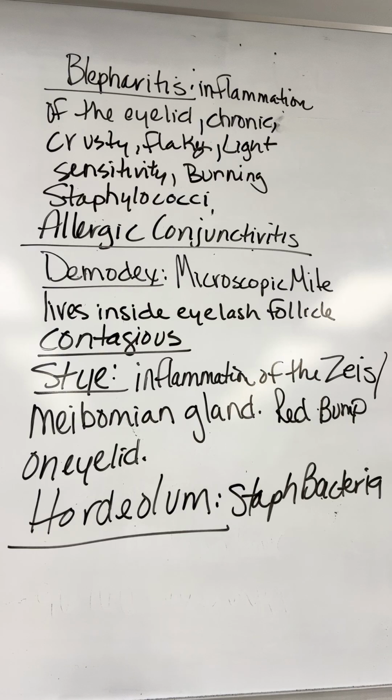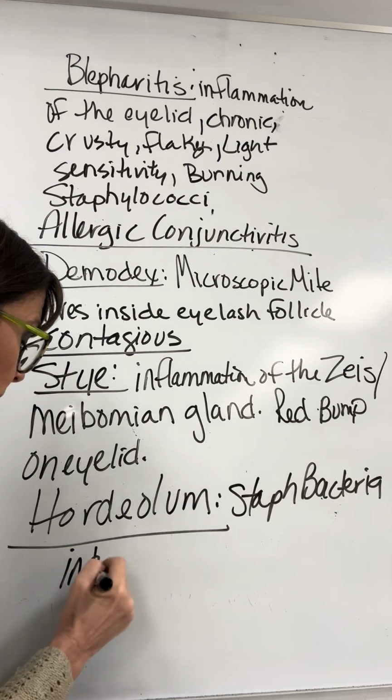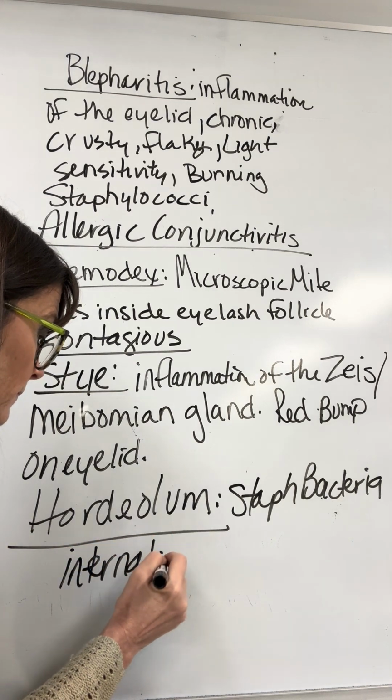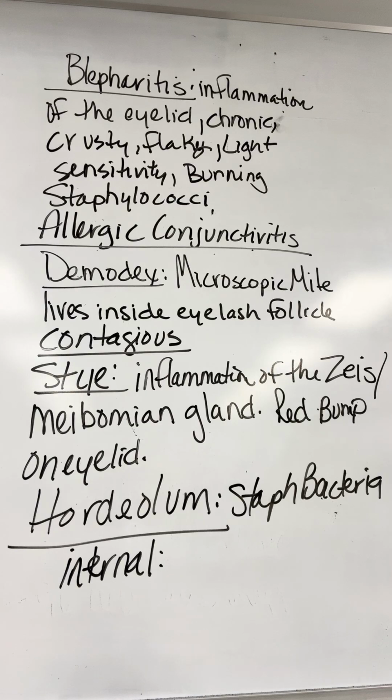So internal hordeolum occurs when the infection is in an oil gland, and external is when the bacteria infects the root. Remember, one of these glands is in the root of the follicle, and one of these glands is actually behind the eyelid, which would be internal. The Zeis is external, so the meibomian is internal.